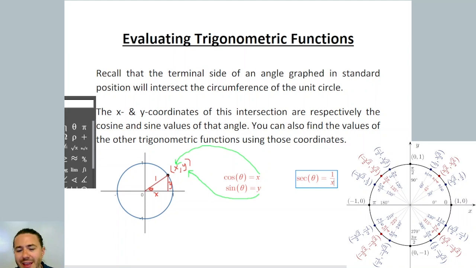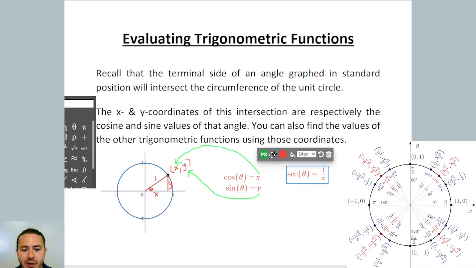So instead of thinking about it as 1 divided by x, just simply flip the fraction over. So for instance, the secant of pi over 6, instead of being root 3 over 2, it'd be 2 over root 3, and then you'd rationalize. So just remember that that is the reciprocal of the x value.